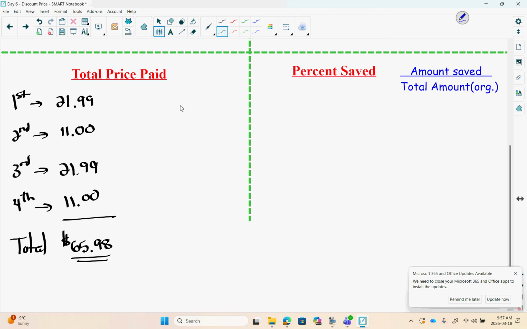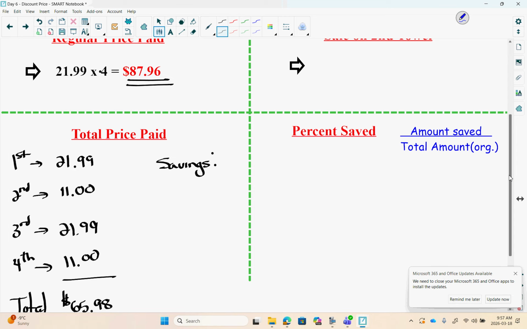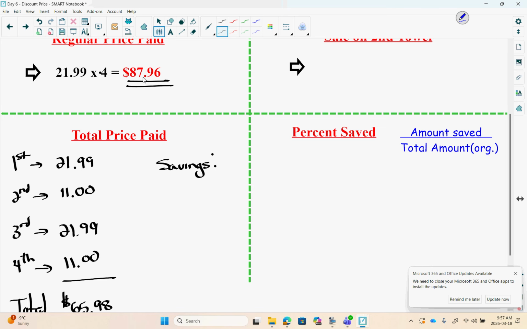What are your savings? How would you figure out the savings? How much money did you save? If you were supposed to pay $87.96 with no sale, but you only had to pay $65.98 with a sale, what should you do to those two numbers? You should subtract them.